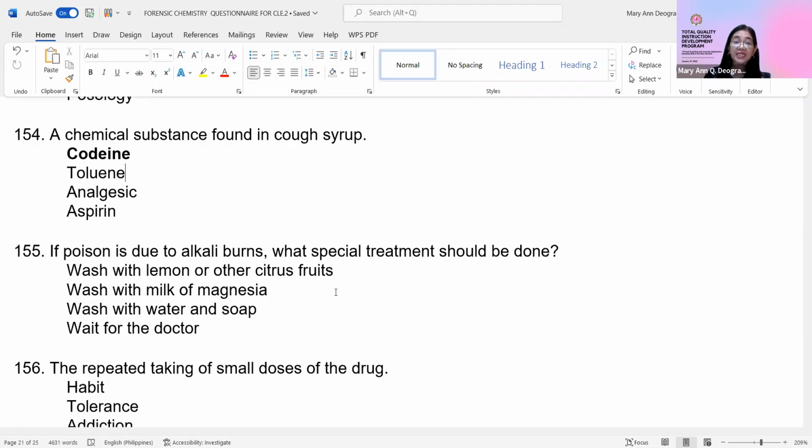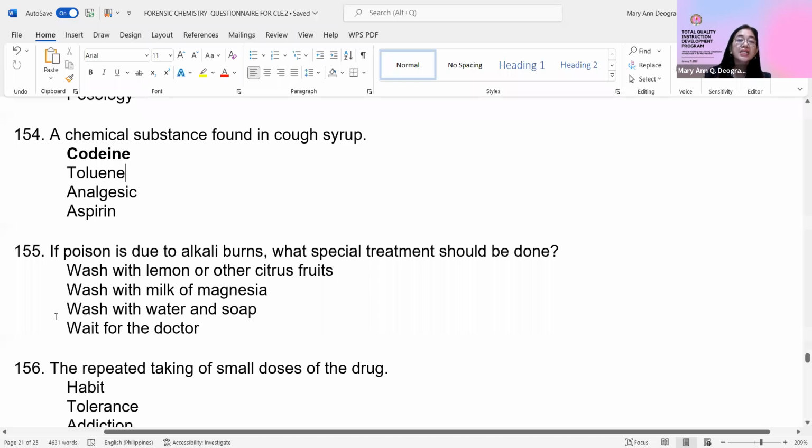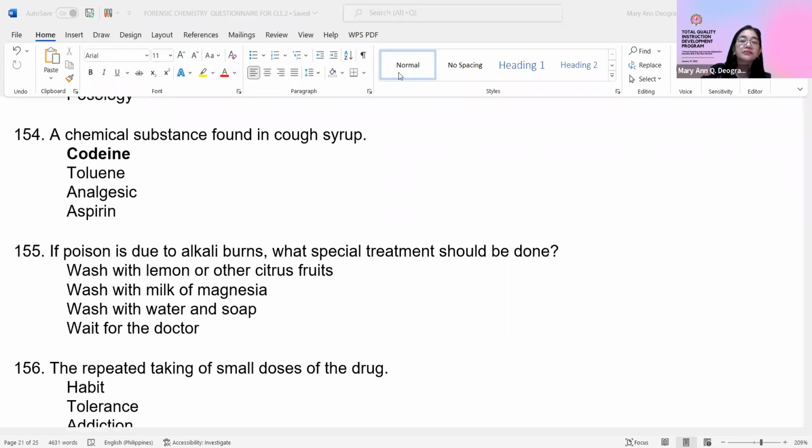So, alkali is a basic substance. Okay. So, anong pangontra sa alkali? Is it the milk of magnesia or a citrus fruits? Base yan, base. Anong ipangontra natin? Eliminate natin yung letter C and letter D. Which of the two do you think is the answer? Okay, letter A. Kasi, yung milk of magnesia, it is also alkali, no?